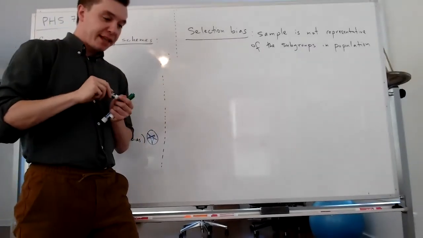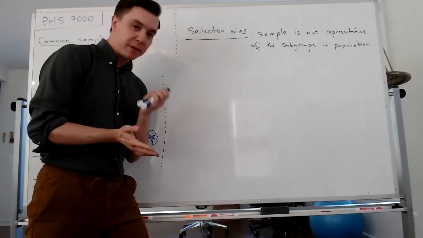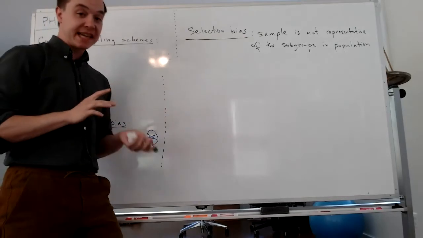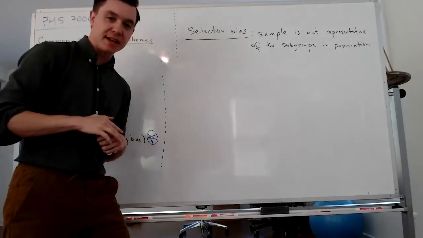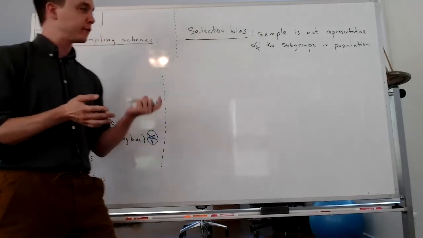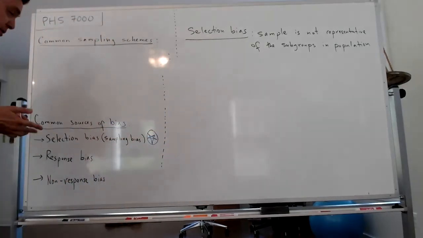Suppose in the population, there are close to 50% men and 50% women, but in your sample, there are 75% men. That is an example of selection bias. Your sample is not representative of all the subgroups in the population.